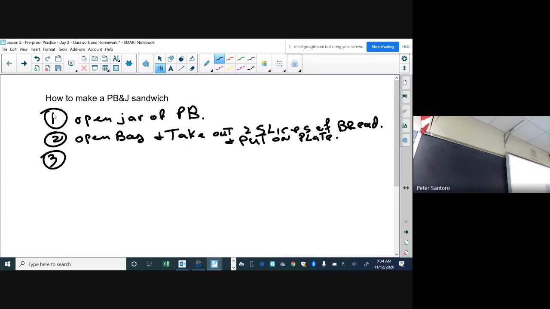Can I spread the peanut butter yet? The jar is only open. Ah. So I have to take the knife.